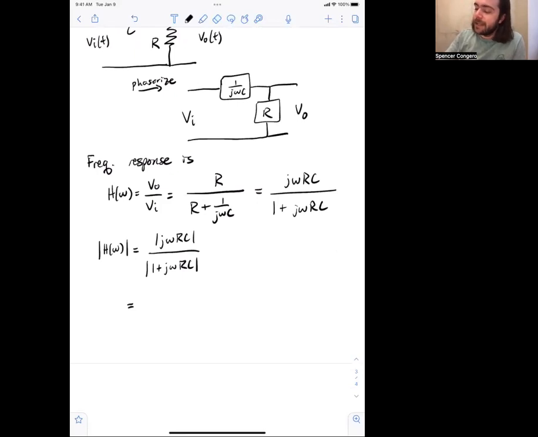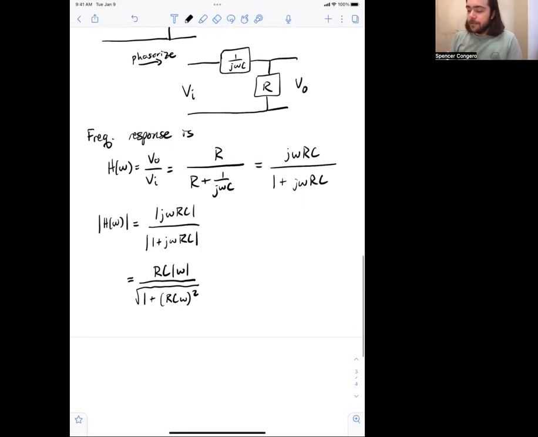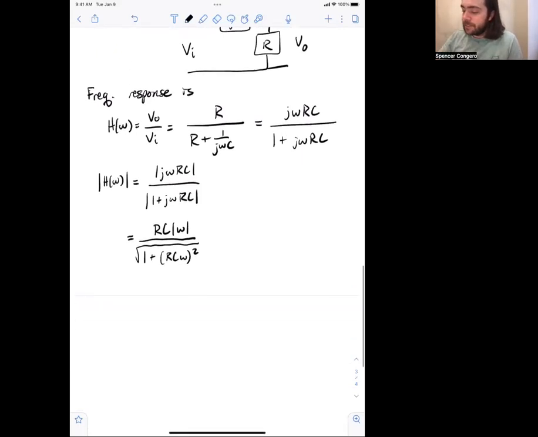Magnitude of omega is whatever it is, right? Omega could be positive or negative. So we have magnitude of omega, but then R and C, we already know are positive real numbers. So just times R times C. Okay, so I'll just say RC magnitude of omega. And the magnitude of the bottom is what we had before, the real part squared plus the imaginary part squared. Okay. So that is the magnitude of the frequency response.